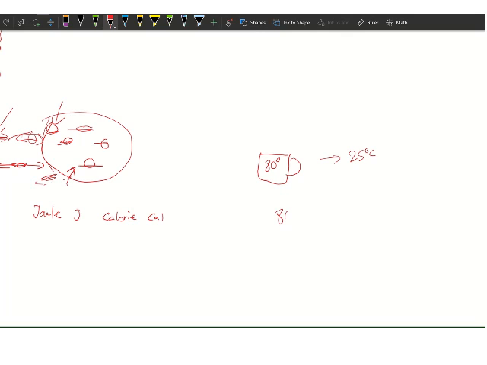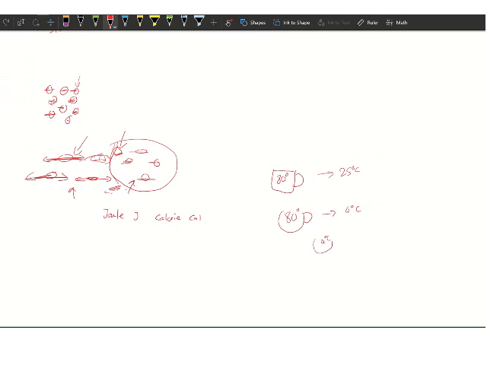If you place the same cup of coffee inside the fridge, where the fridge is at roughly 4 degrees Celsius, after a while your coffee is also going to be very cold. And if you measure the temperature, you will get about 4 degrees Celsius as well. So the phenomenon that we are seeing here is what we call thermal equilibrium.